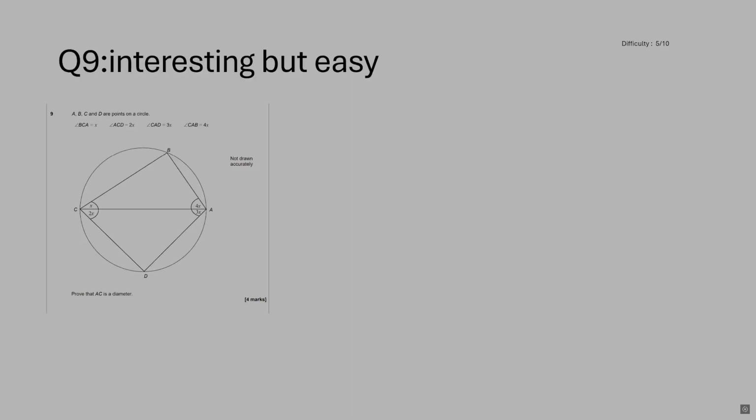Alright, this next question is actually pretty weird. It's just a circle theorem question, proving that AC is a diameter. So firstly, we know that 10x is 180 because we just add all the x's together and opposite angles in a cyclic quadrilateral add to 180.